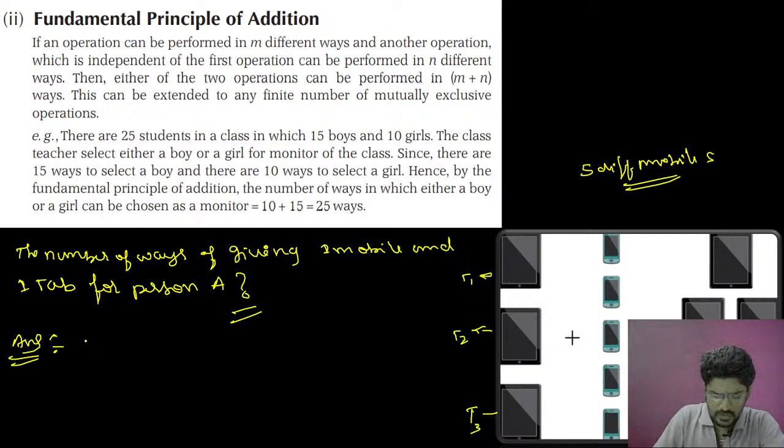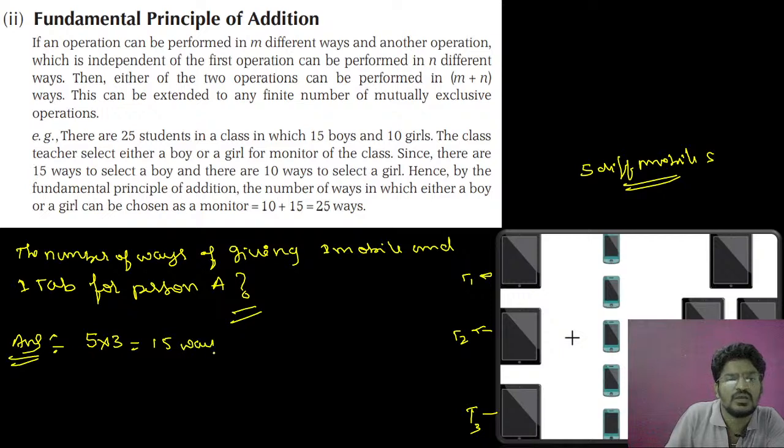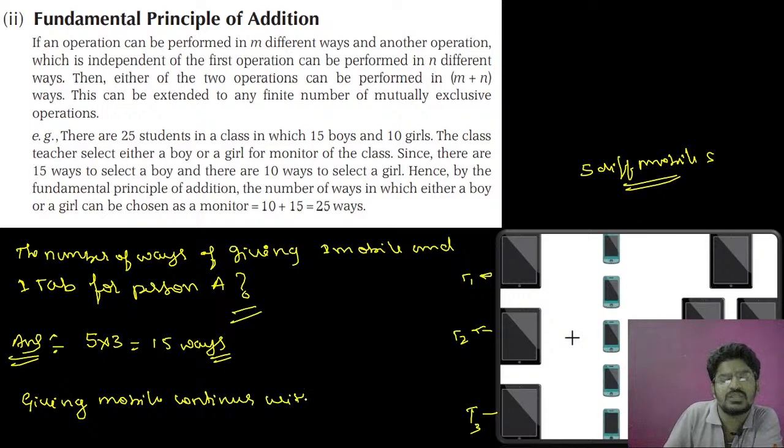Very good. Some of you are giving the right answer. Now you have 5 into 3, 15 ways. Why? Because you just see here, giving mobile continues with giving tab.